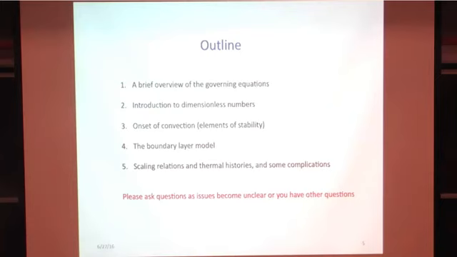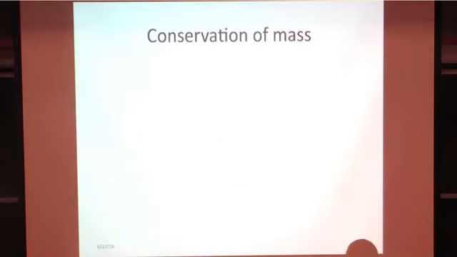And there's a reason for that. Very briefly, I'll introduce how we determine whether a system should convect or not, a way of describing a convecting system with something called the boundary layer model, and how we apply these boundary layer models to think about thermal evolution.